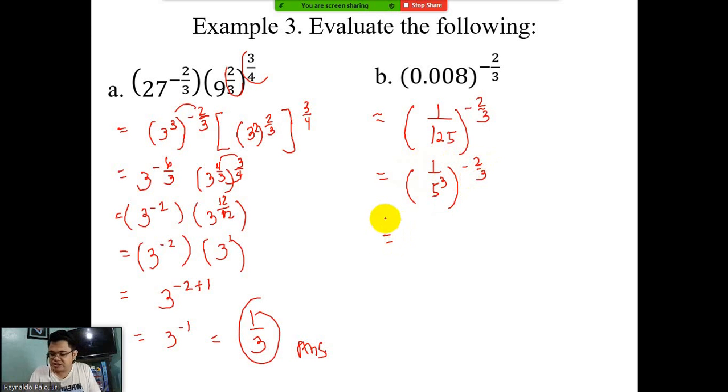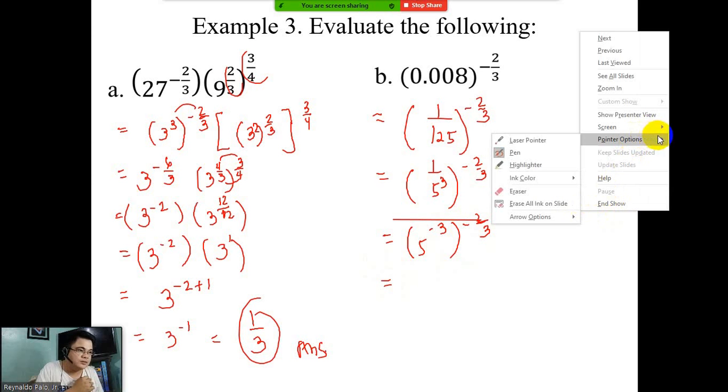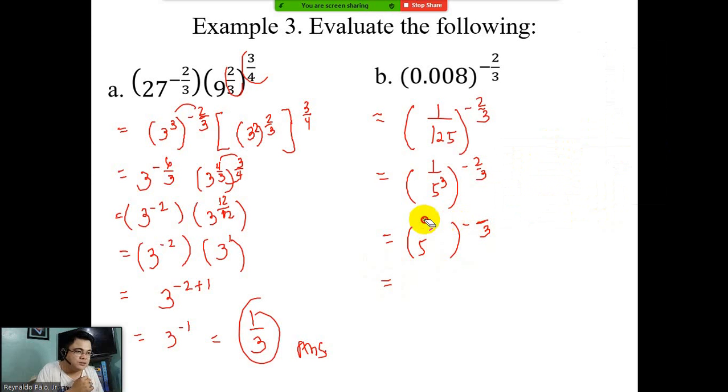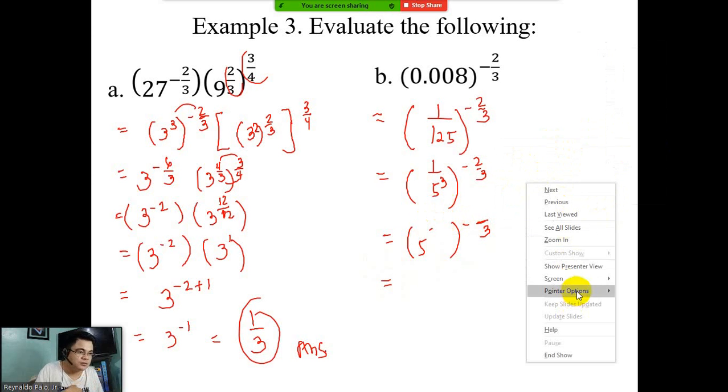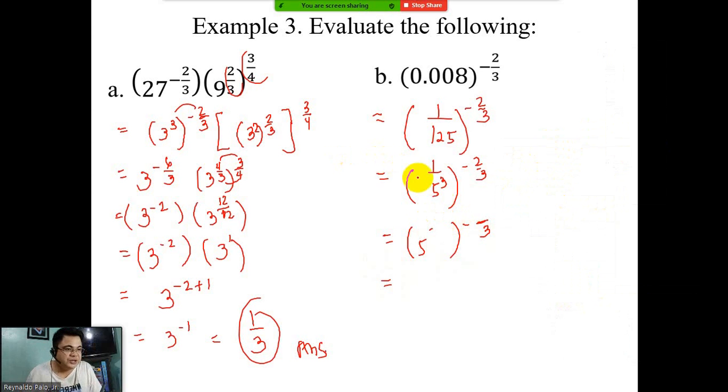Then the next thing is we need to distribute the exponent outside. Okay, but before that, you can actually make this as 5 raised to negative 3. It's just the same, raised to the power of negative 2/3. Okay, so let us erase that. So negative 2/3.